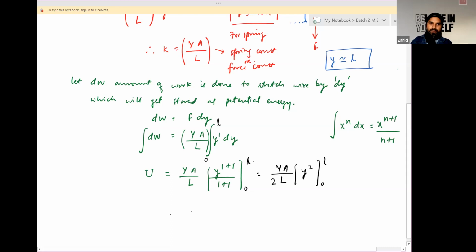So it will be YA divided by 2 times L squared for the upper limit and 0 squared for the lower limit. On rearranging, you will get half YA divided by L into L squared equals the total potential energy stored.